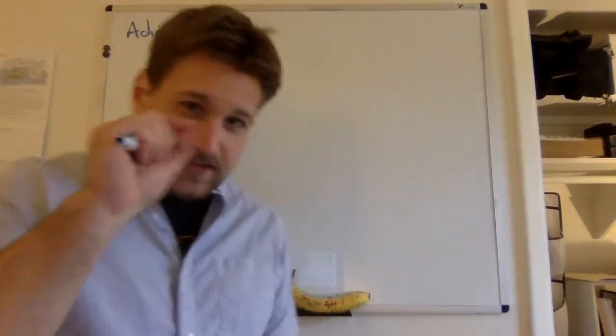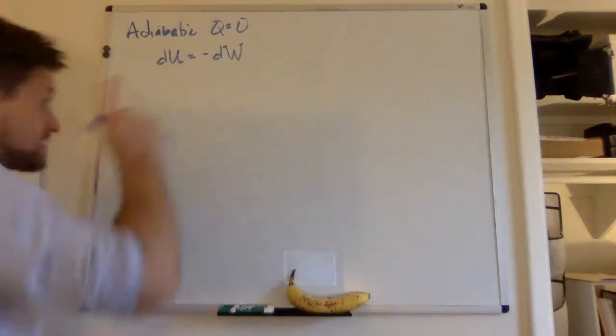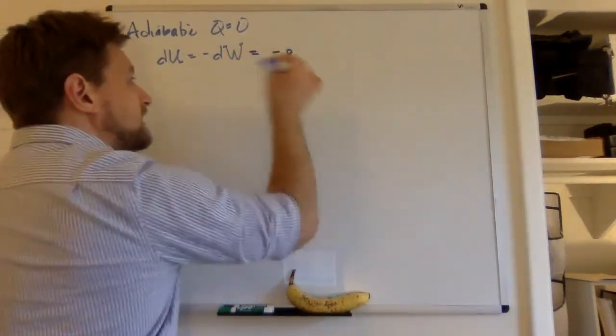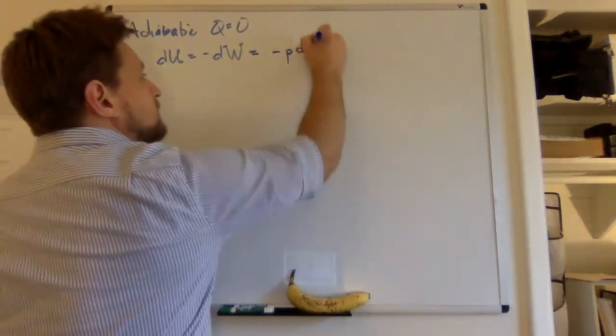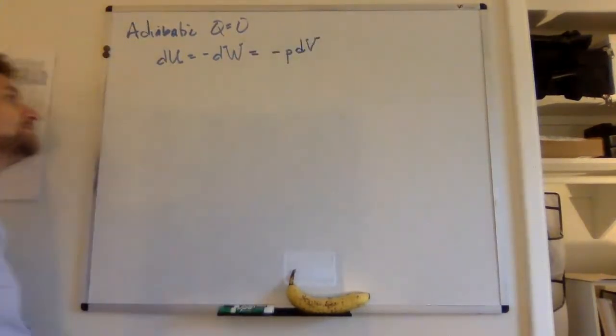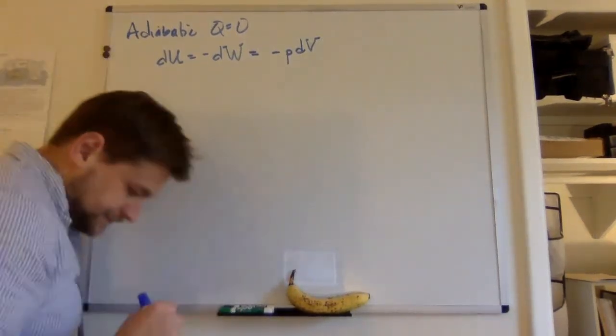Just an infinitesimal change in the temperature, an infinitesimal work done. Since it's an infinitesimal work done, it is the pressure that exists times the infinitesimal change in the volume in this particular instant.